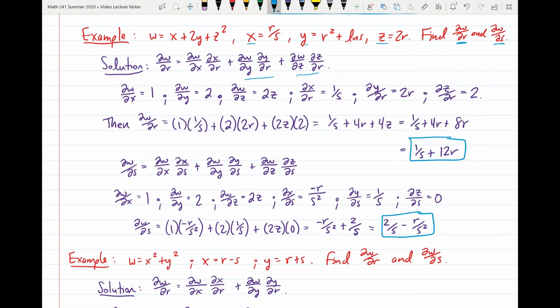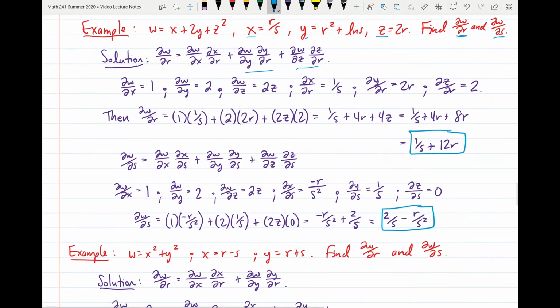Again, if you want to, you can stop the video here and just make sure that all of those calculations are correct. And we also have that the partial derivative of x with respect to r is equal to 1 over s, and then partial y with respect to r is 2r, and partial z with respect to r is just 2.